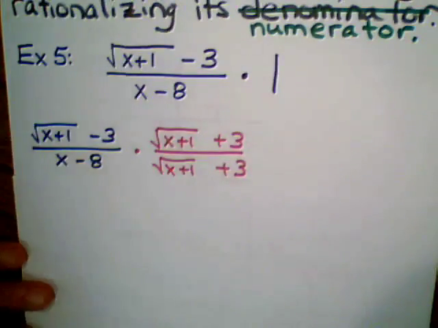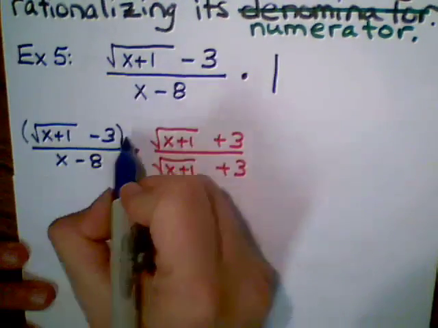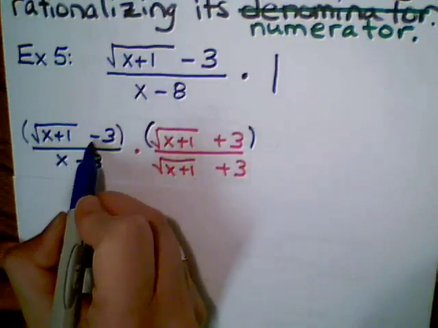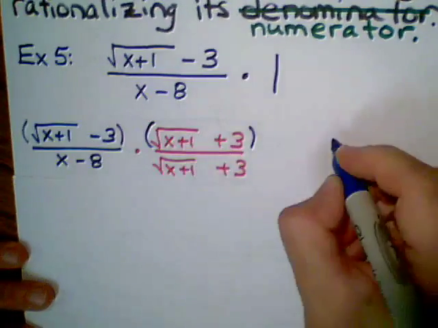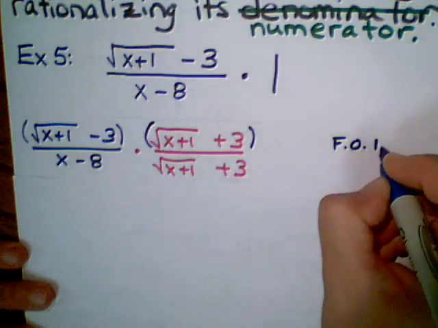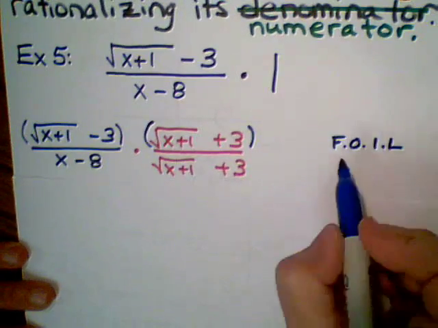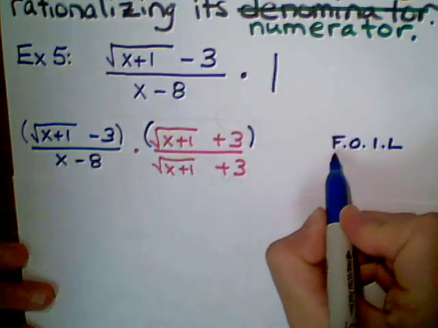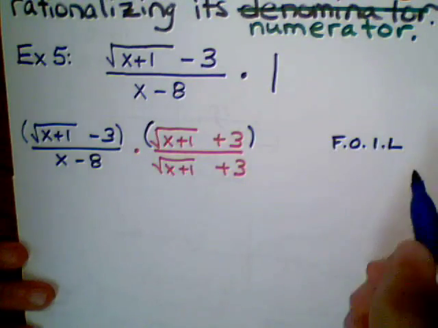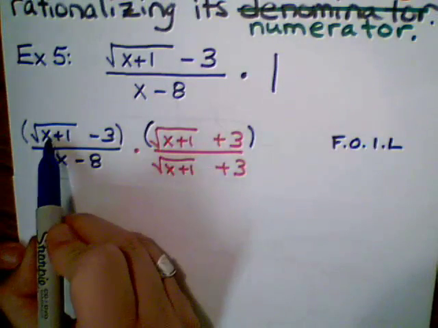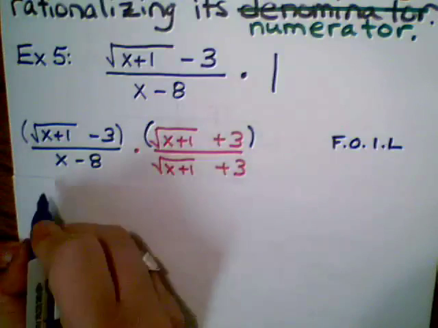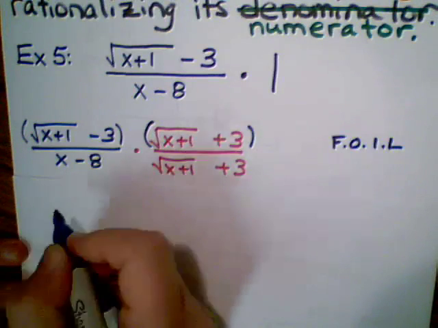Okay. In the numerator, we have a binomial times a binomial, and so we're going to use that technique called FOIL that tells us how we need to multiply so that we distribute all the terms. When we take the product of the first two terms, we get the square root of x plus 1 squared.